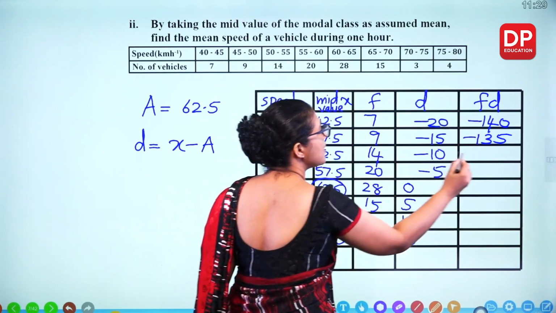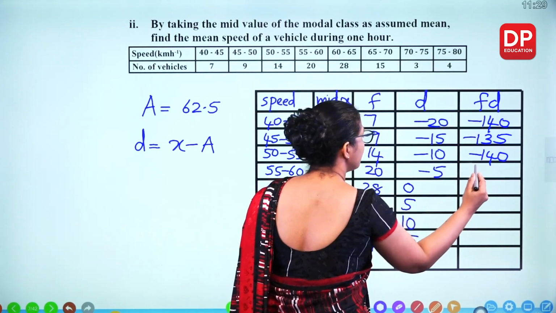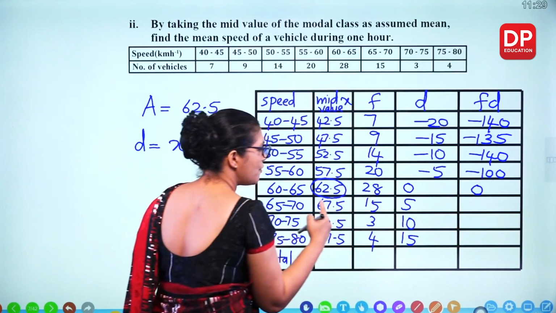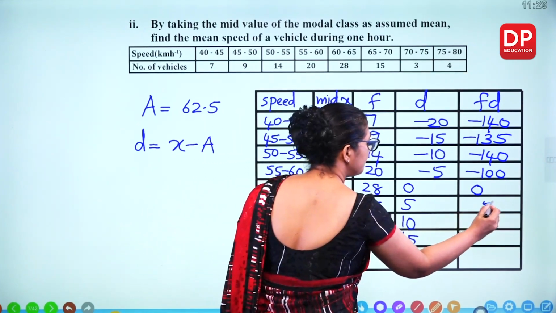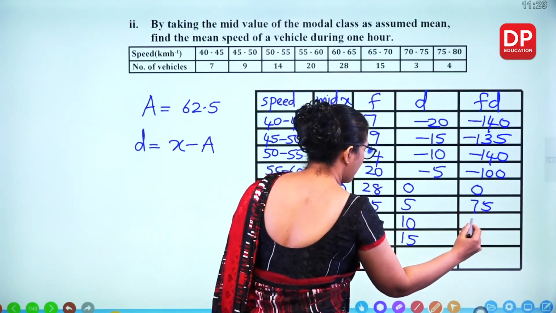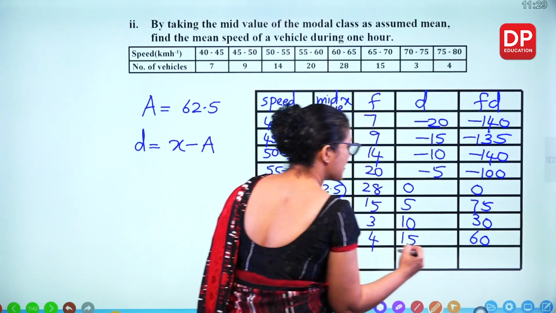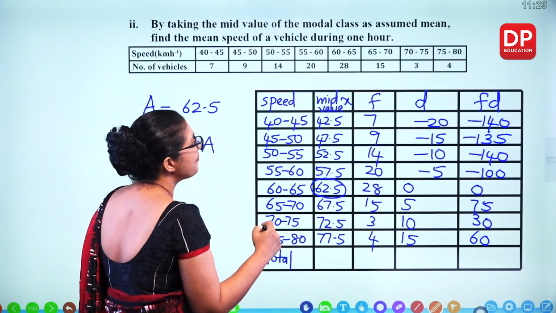That's minus. Minus 140, minus 100, 0. 15 times 5, 75. 30, 60. Now we'll add it.